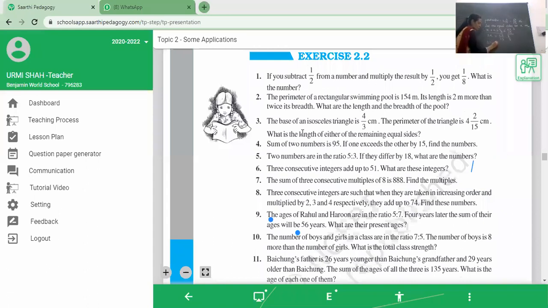LCM would be what? 15. 15 ones are 15 and 3 fives are 15. Multiply the upper side by this number. So 62 ones are 62, minus 4 fives are 20. Go for the subtraction. What would be the answer?